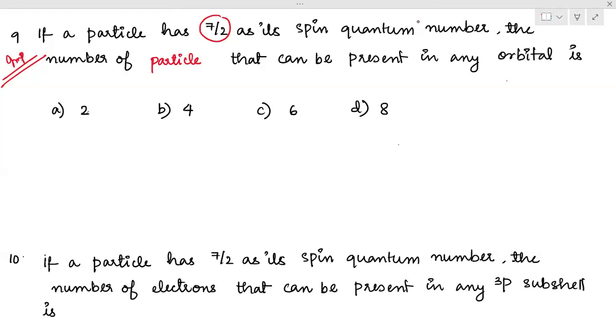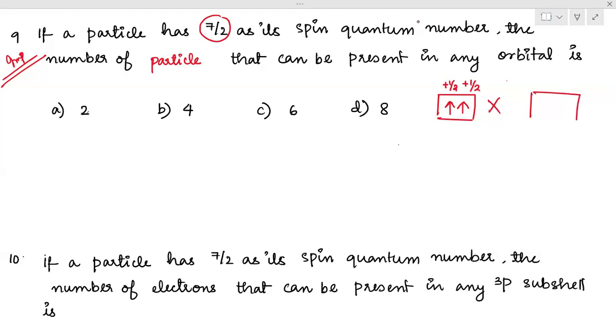Now see, we already know that if you have any orbital, it has got electrons whose spins won't repeat. For example, an orbital cannot have electrons with two same spin, 1 by 2 and 1 by 2. That is not possible.